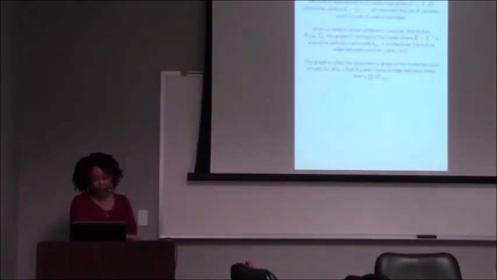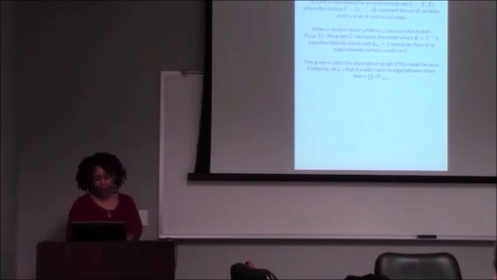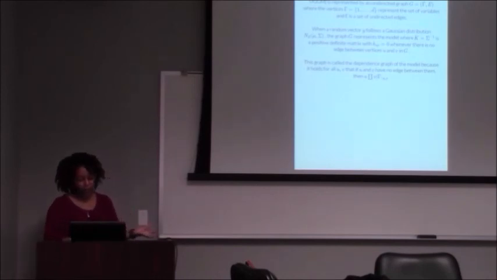All right, and so that's really the idea of Gaussian graphical models. I'll just reiterate that we've got this graph and a Gaussian distribution where we look at off-diagonal elements being equal to 0. In that inverse covariance matrix, that means there's no edge, and that is our dependence graph, because if there's no edge between two variables, then those two variables are conditionally independent given all the other variables in the model.